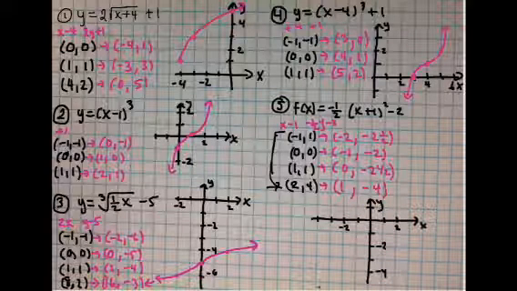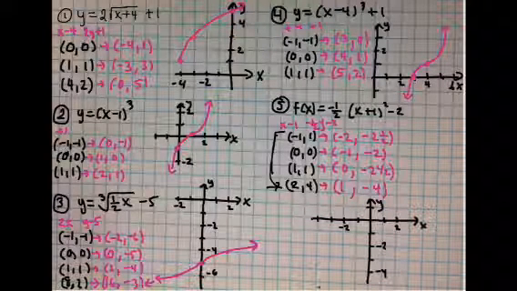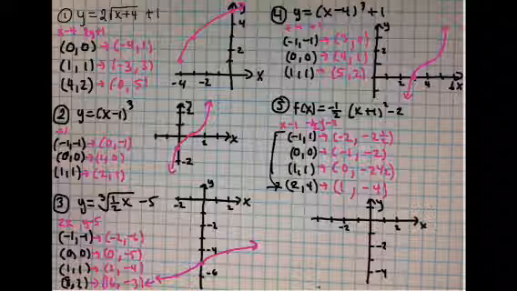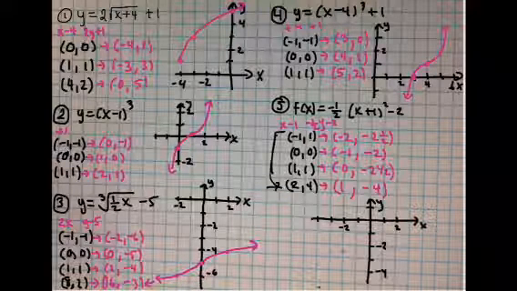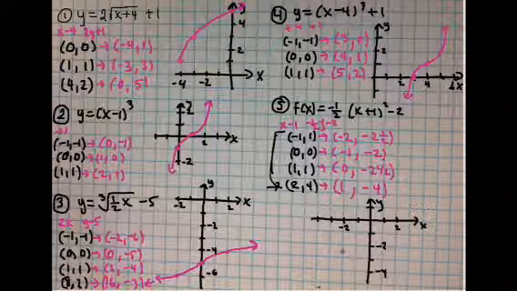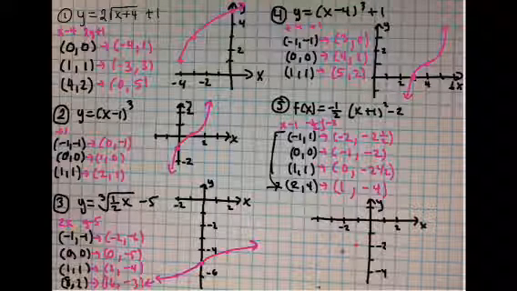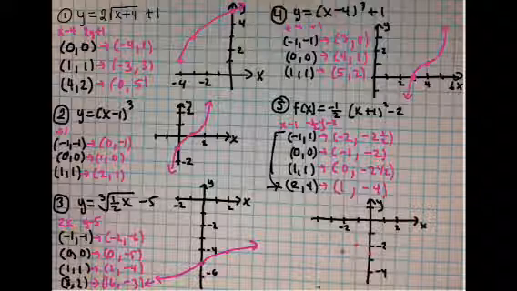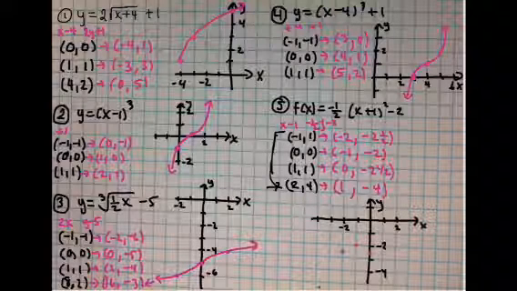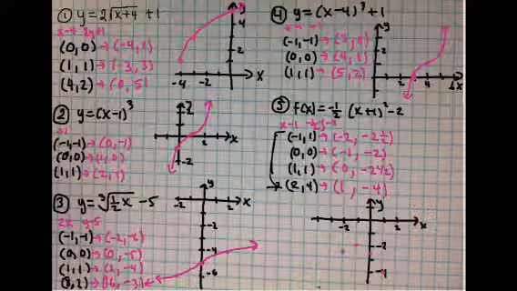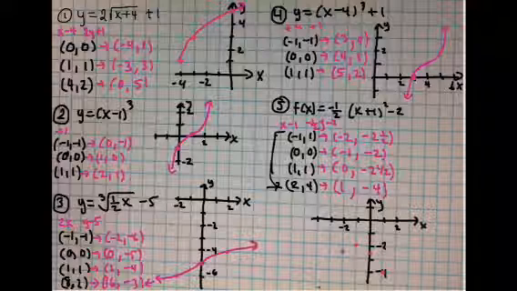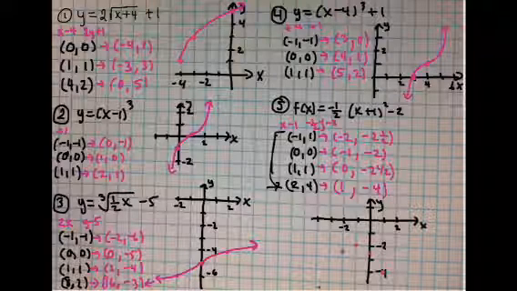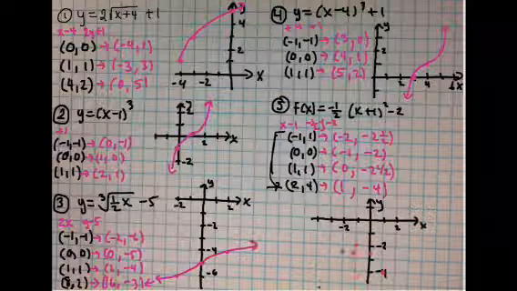Alright, so the points: negative 2, negative 2.5. So that would be about here. Negative 1, negative 2. 0, negative 2.5. And then 1, negative 4. So as I was saying earlier, we know that the quadratic is symmetric about this line right here, about x equals negative 1.